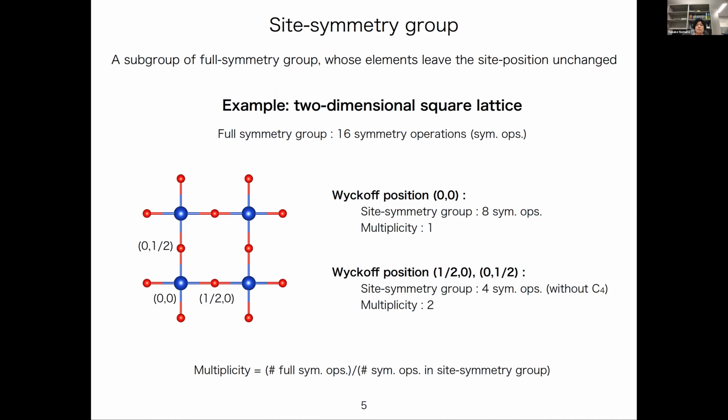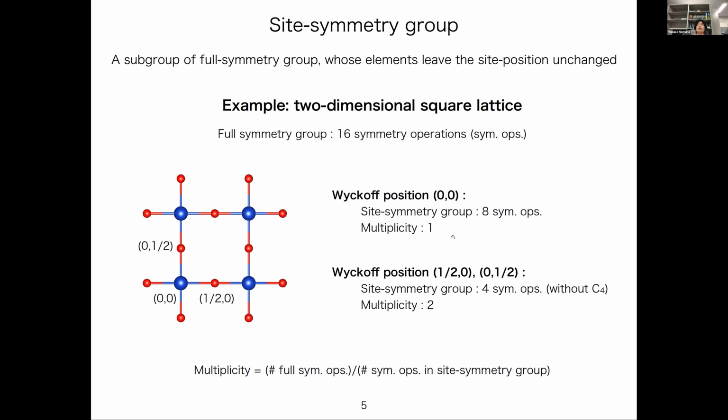Okay. Then if we think about the site symmetry group at the (0, 0) position here, in this case all the symmetry operations, namely 8 symmetry operations, leave this position unchanged.